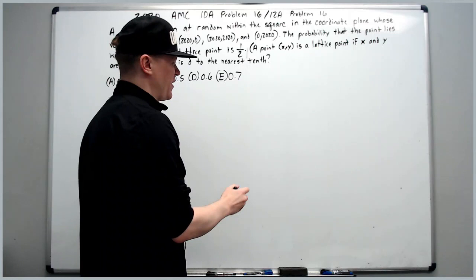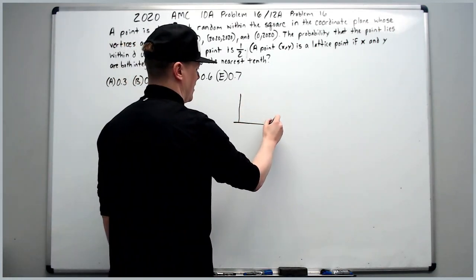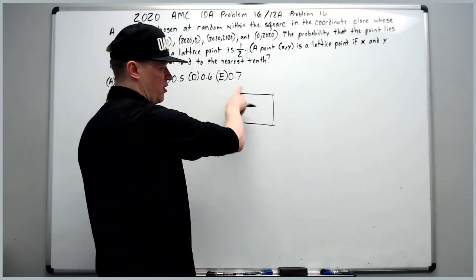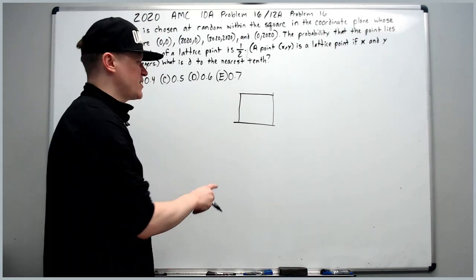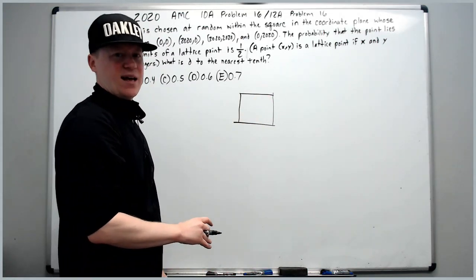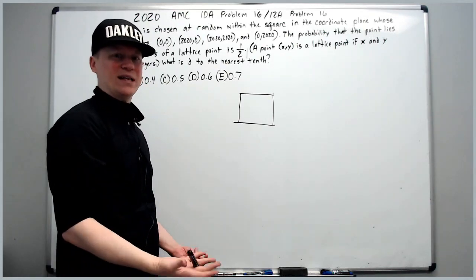Okay, the first thing you want to think about is if you were to try to graph these points, the (0, 0), (2020, 0), all around the square, you're just going to create a grid with a bunch of squares inside, right? And so all of those squares have an equal chance of being the square that the point lands in.